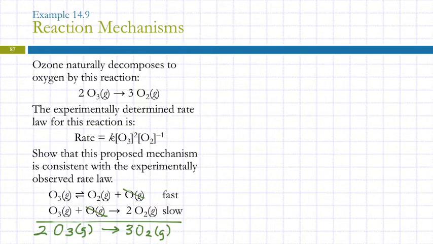So the rate law for that is the rate is equal to a constant times what? Concentration of O3. Well, we're just looking at this one here. It's not the concentration of O3 squared.